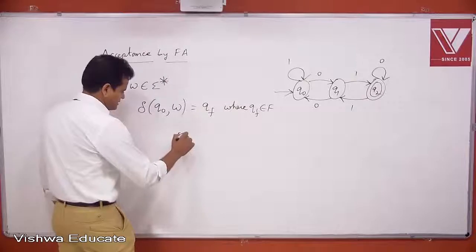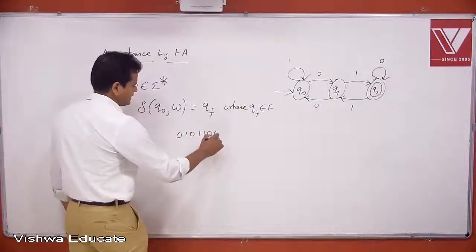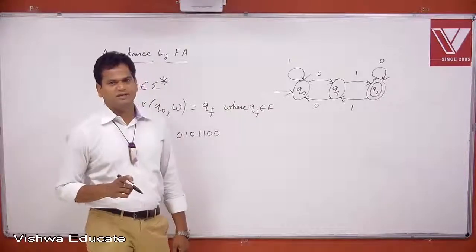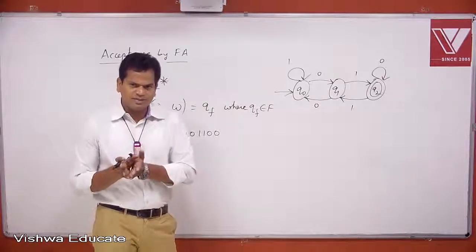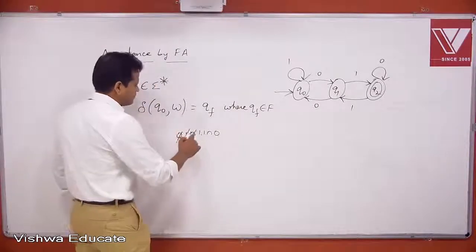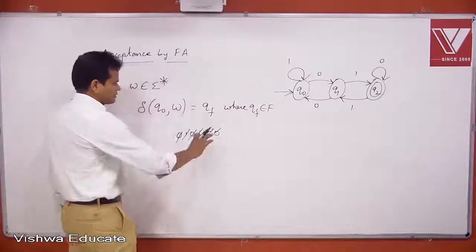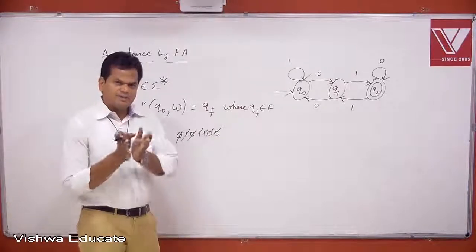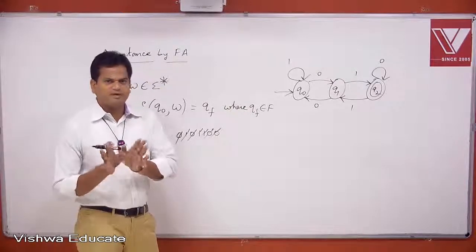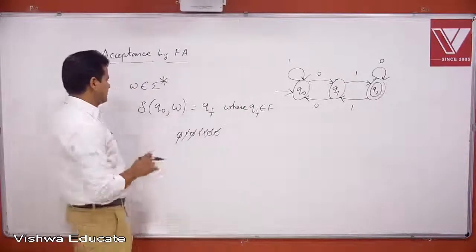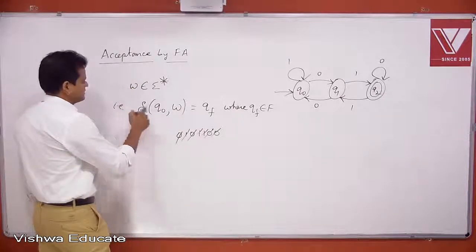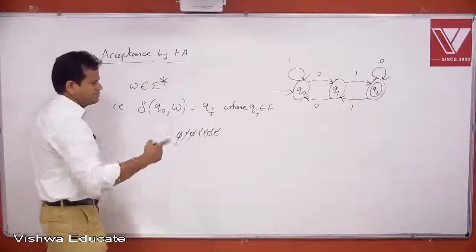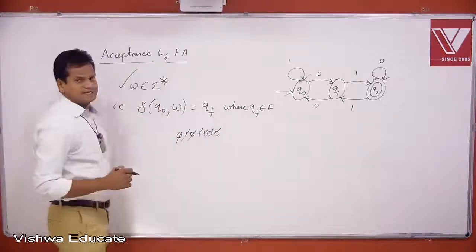The total string has to be scanned by the finite automata. It has to start from the initial state and the string must be scanned completely. No symbol should be left. The string has to be scanned completely, and when the machine stops, it must stop in one of the final states. That is the definition. So by starting at the initial state, if it reaches the final state and the string is completely scanned, then we say the string W is accepted.